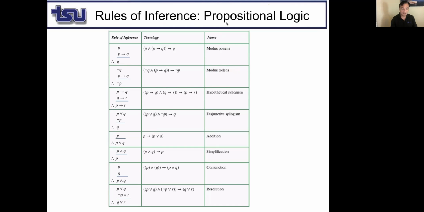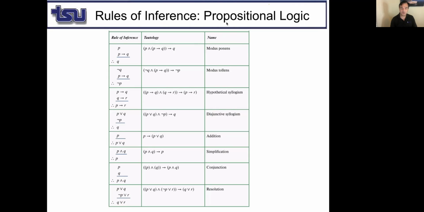Hypothetical syllogism: if P implies Q, and if Q implies R, then P implies R. Disjunctive syllogism: if P or Q is true, and if not P is true, then Q must be true. Addition: if P is true, obviously P or Q must be true. Simplification: if P and Q is true, obviously P must be true. Conjunction: if P is true and Q is true, P and Q must be true. And the last one is resolution: if P or Q is true, and not P or R is true, then Q or R will be true.